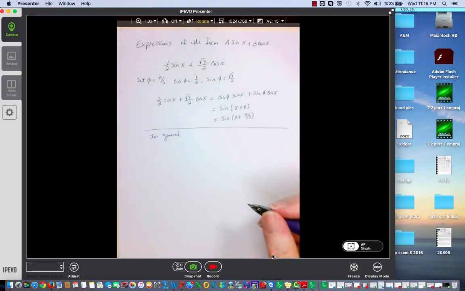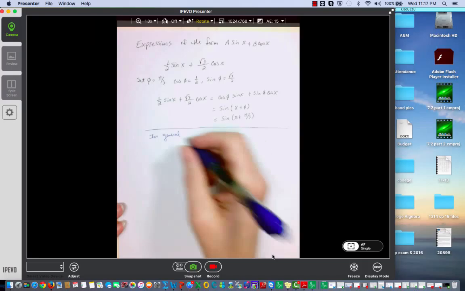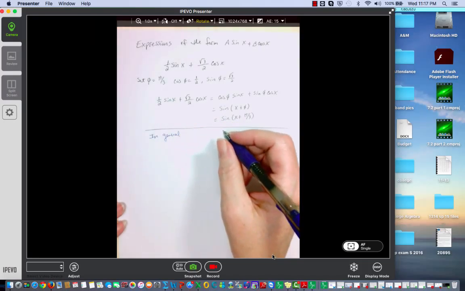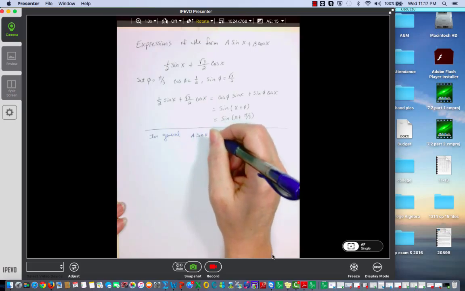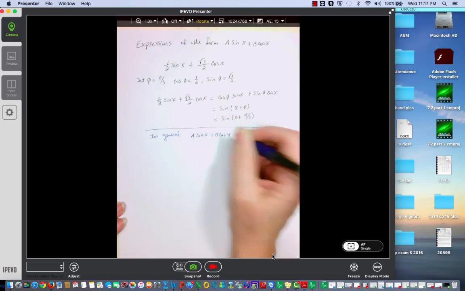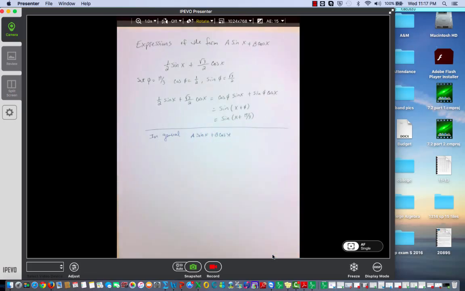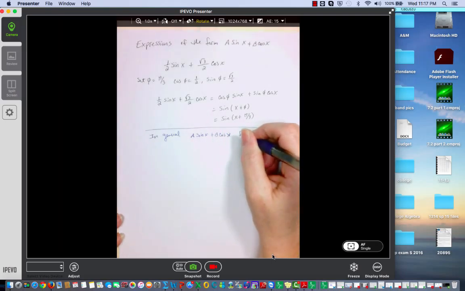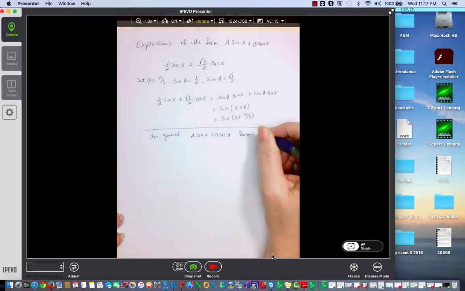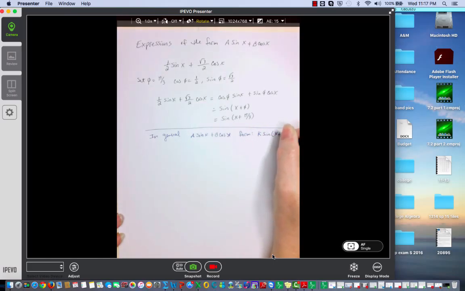Now, in general, the a times sine x plus b times cosine of x, we're going to use the form of k times sine of x plus phi.